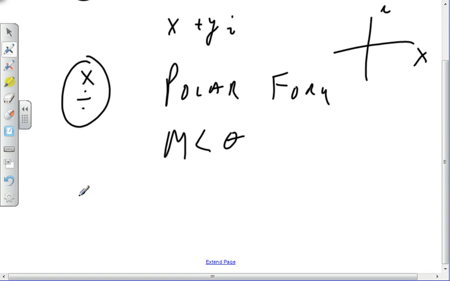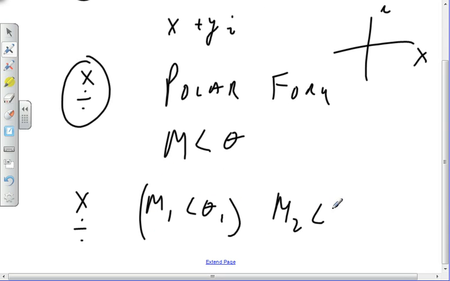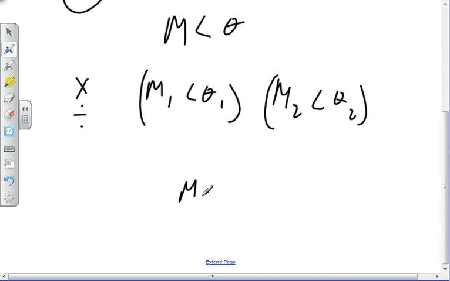Because when I multiply or divide, if I have M1 angle theta 1 times M2 angle theta 2, then that is just M1 times M2 angle theta 1 plus theta 2.